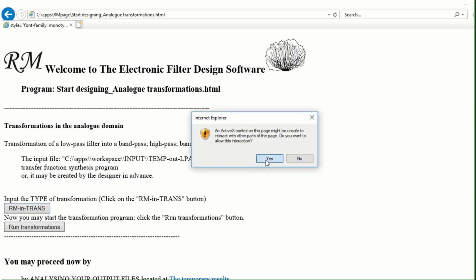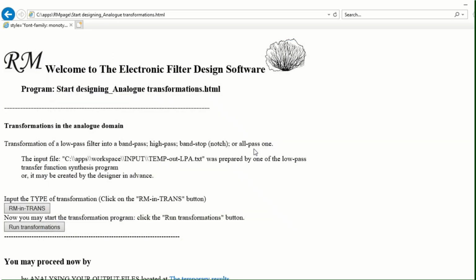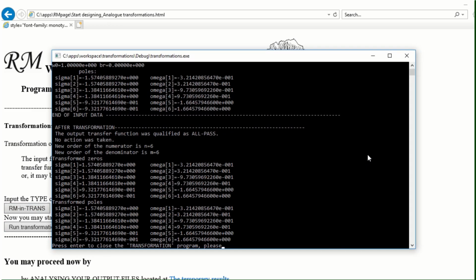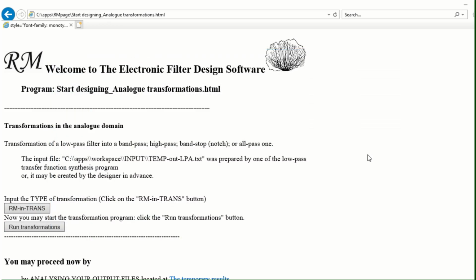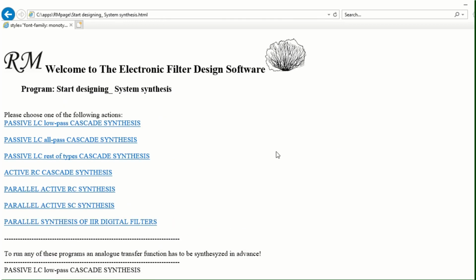That done, we will go to transformation, meaning that we will add complex transmission zeros. The question is, which transformation should be performed? It is number 4, low pass to all pass. And that's finished. Now we perform the transformation, which is done at once, and we may proceed now to the synthesis.